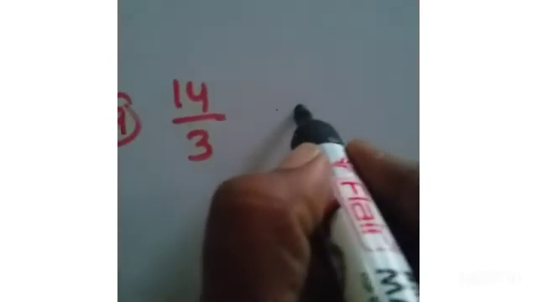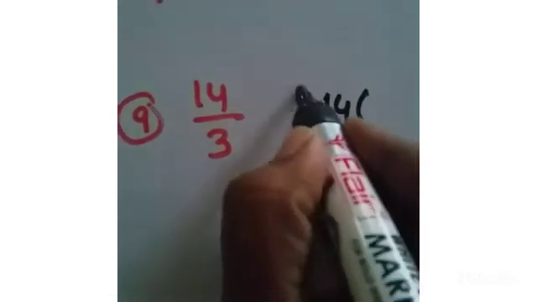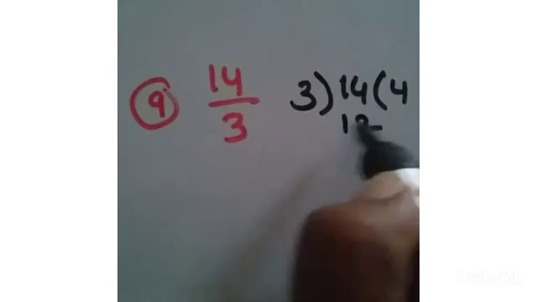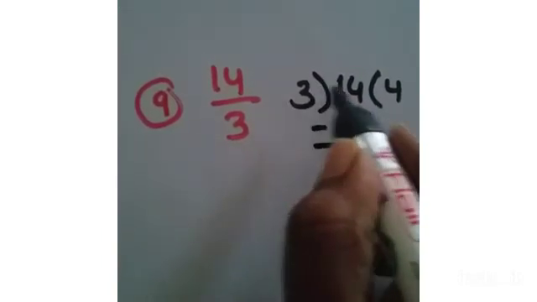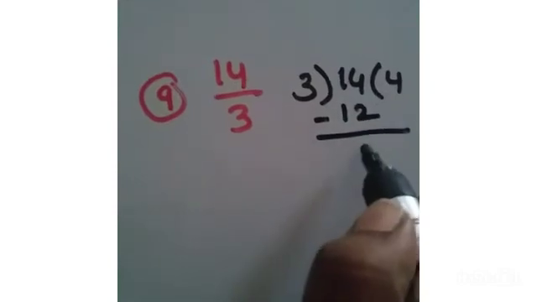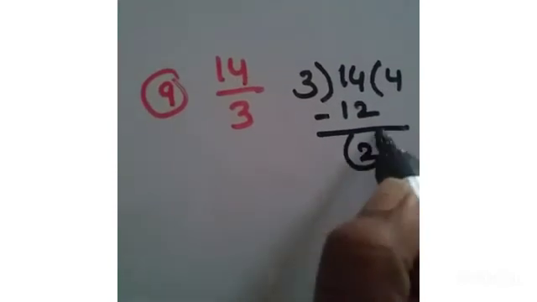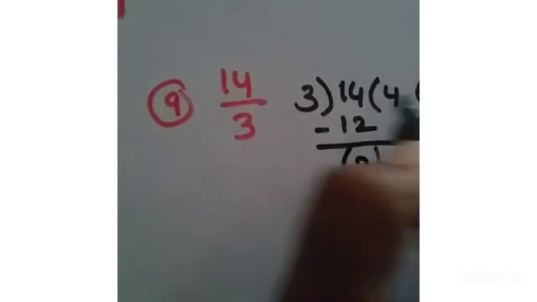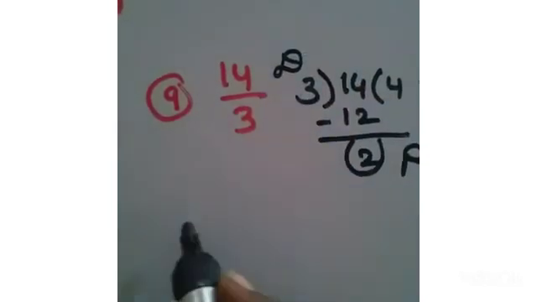Next, ninth one, 14 by 3. Now divide 14 by 3. 3 4s are 12. Next number, 3 5s are 15, greater. No, that's why we have to take here 3 4s are 12. 4 minus 2, 2. 1 minus 1, 0. Remainder is 2. Quotient is 4. Divisor is 3.